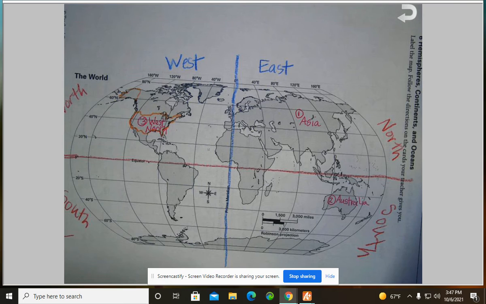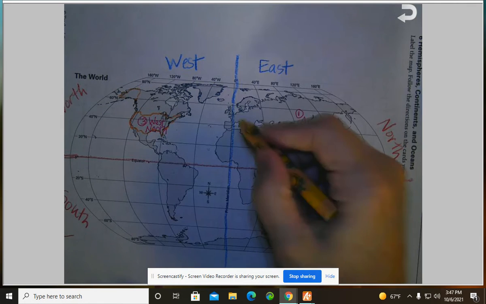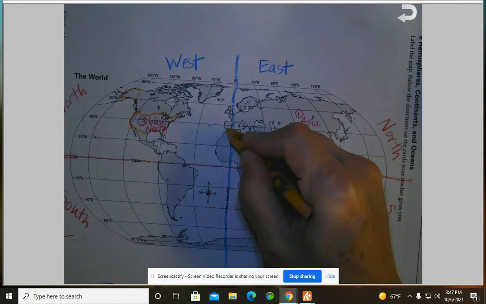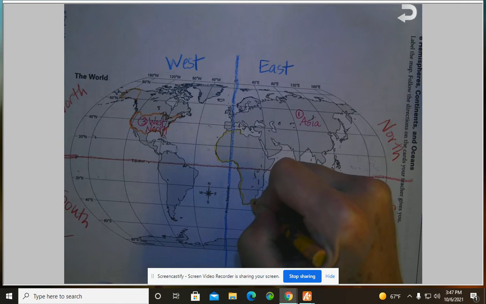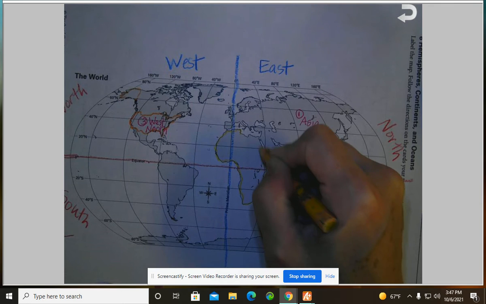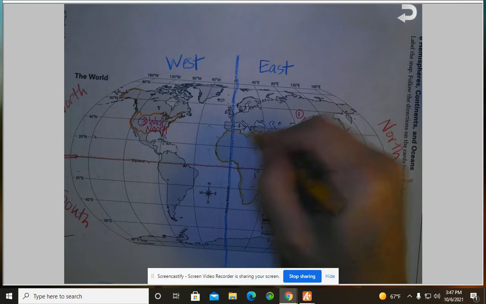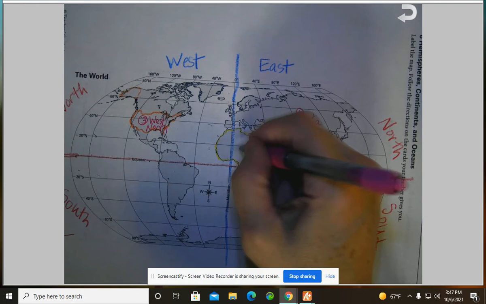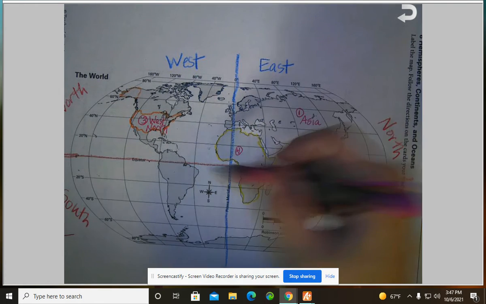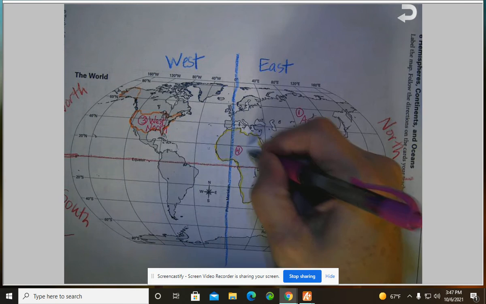Okay, number 4, locate Africa. And within its borders, label the hemispheres in which it's located. So if we outline Africa, we know it's above the equator, so it's in the north.